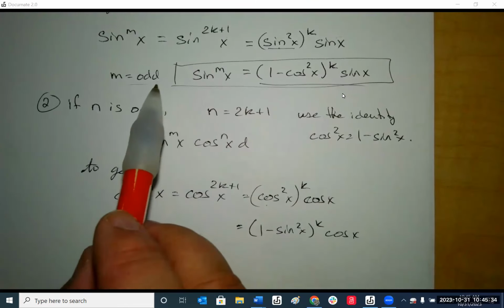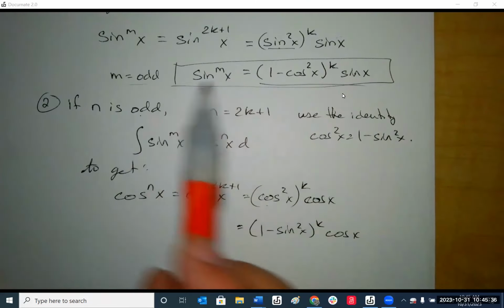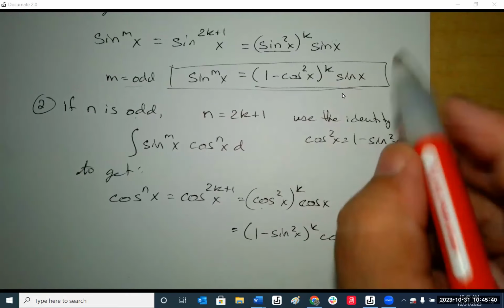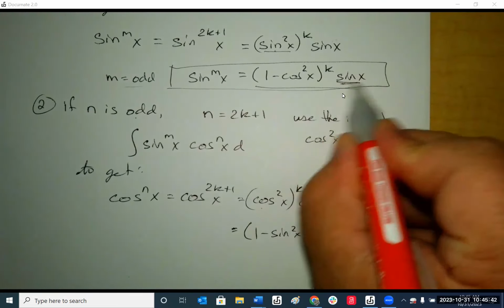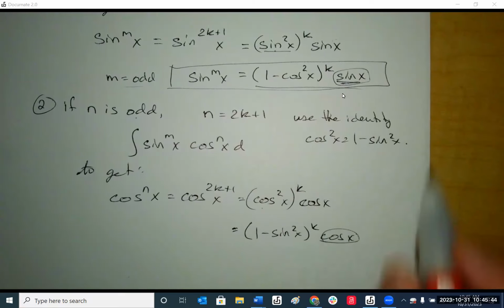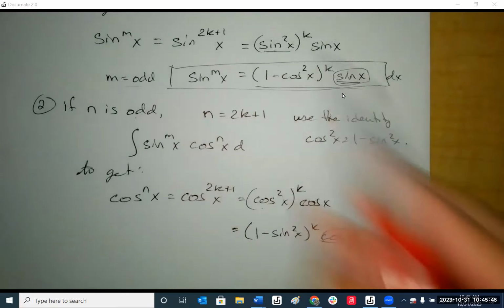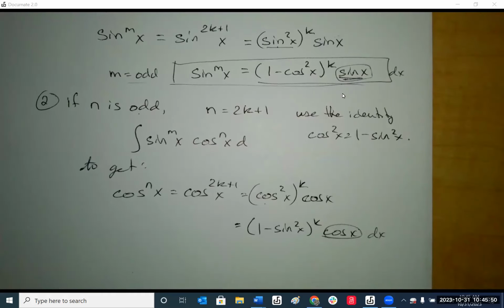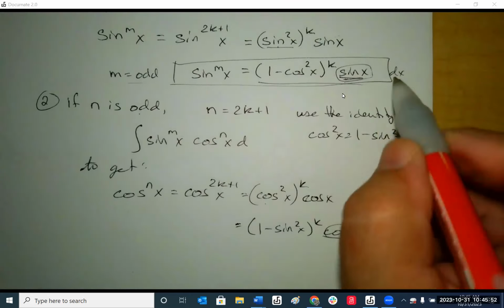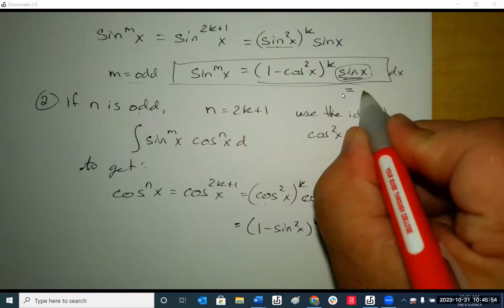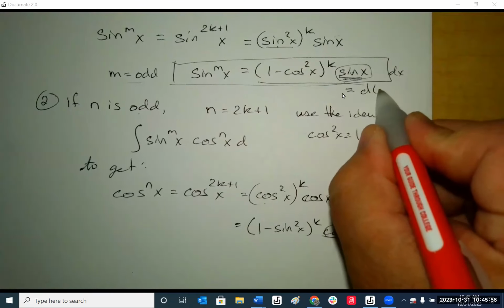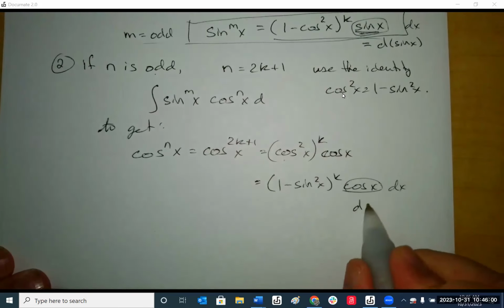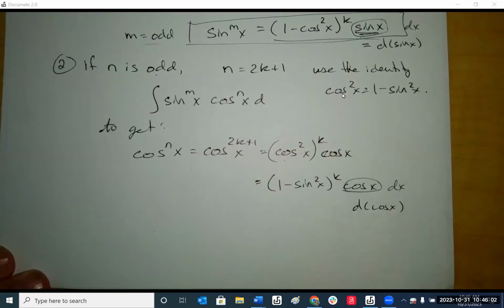Oh, yeah, I forgot something here. We combine these single terms, because there's going to be a dx, because we'll be looking at integrals. And for that, this becomes d sine x. This one becomes d cosine x.